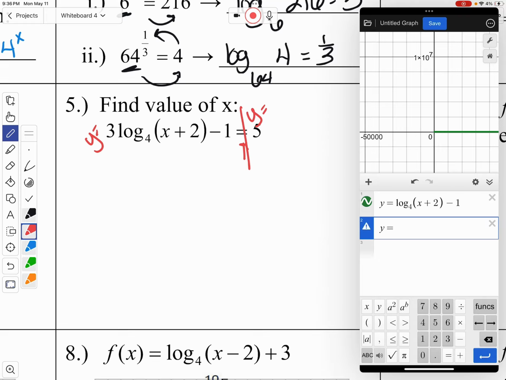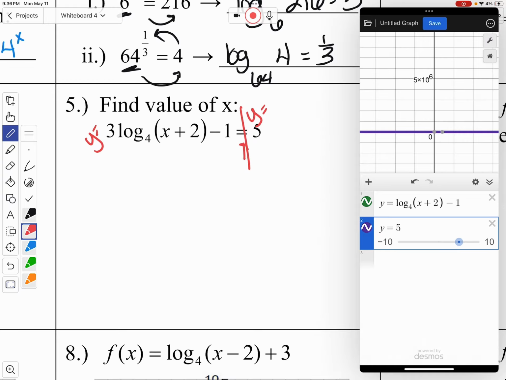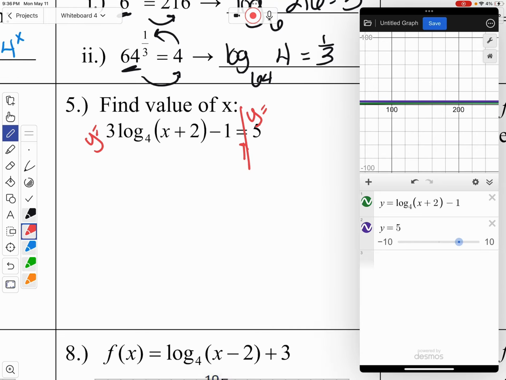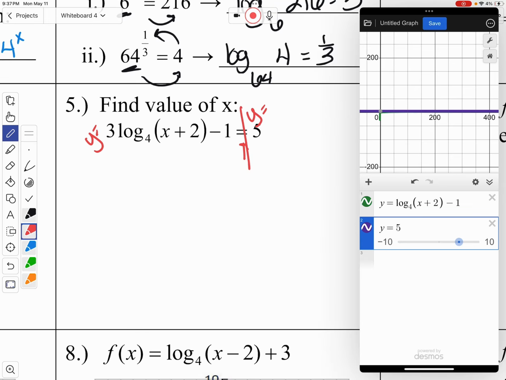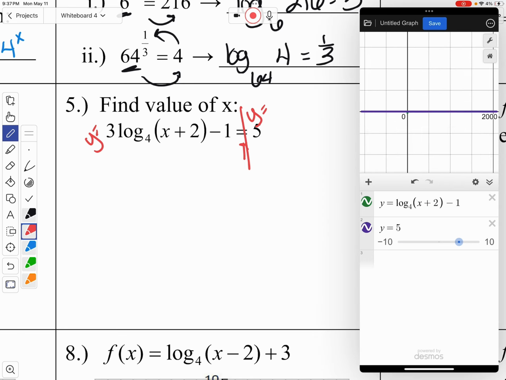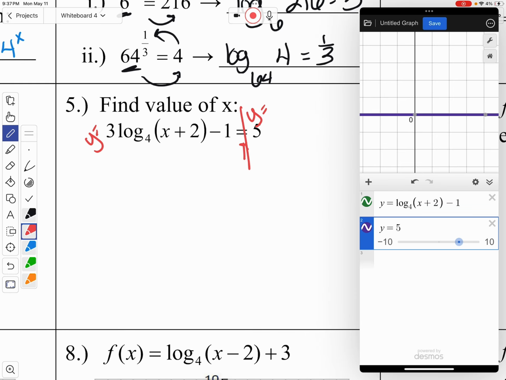Y is equal to 5. I'm going to hit the house button on my Desmos to recenter everything, and I can see that the green and the purple are going to have to come together eventually. So again, just zooming out till I find where they come together. There's that gray dot. Okay, it's very far out, and that's okay.